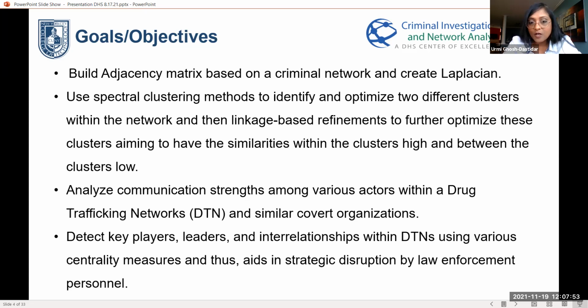And then analyze communication strength among various actors within a drug trafficking network and similar covert organizations, detect key players, leaders, interrelationships within the data network, using various centrality measures, and thus aid in strategic disruption by law enforcement personnel.